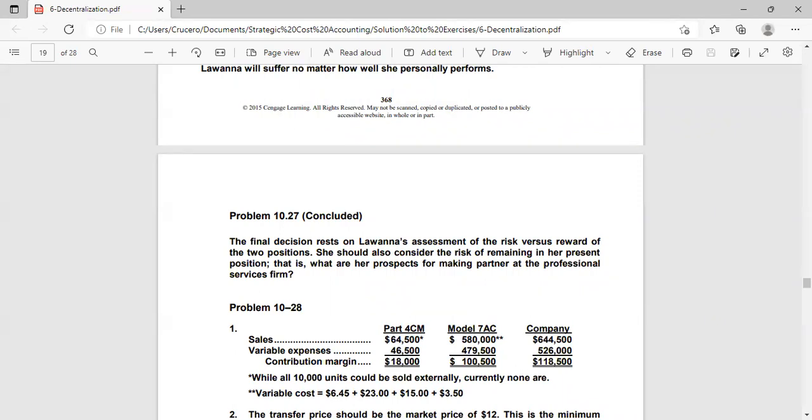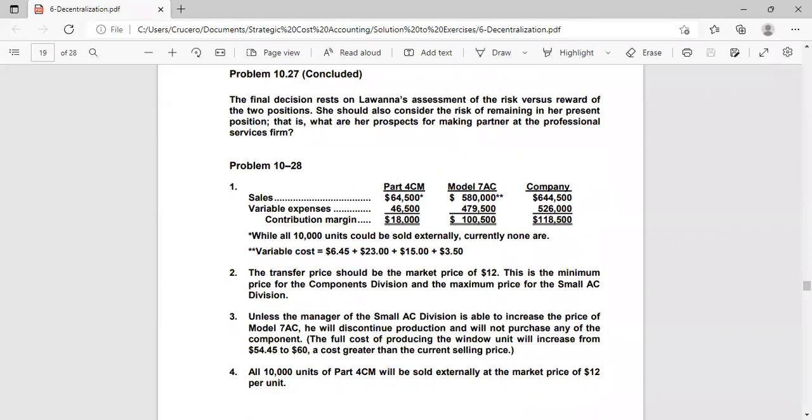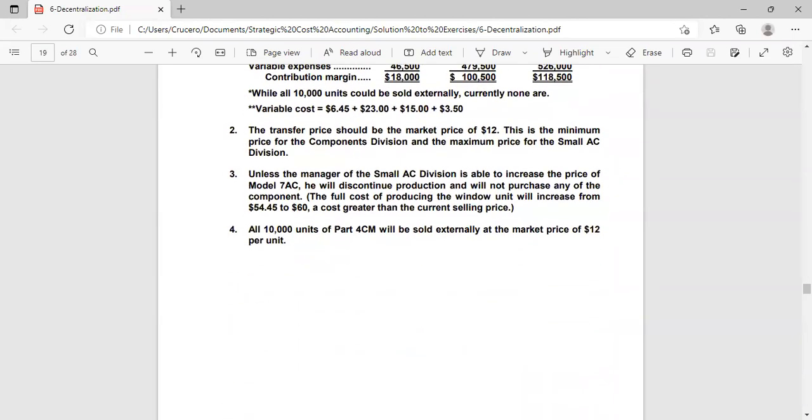Next, we go to the other problem I gave you for your assignment in the book, number 28. Okay, so we now go to number 28, still setting transfer prices, the market price versus the full cost.